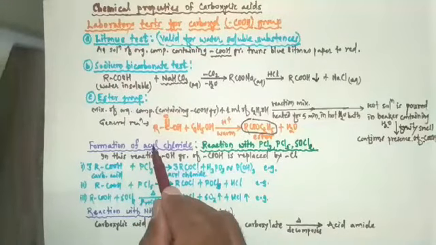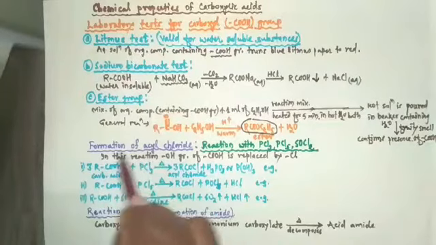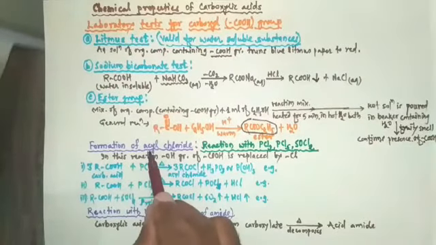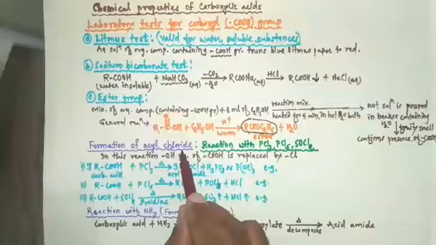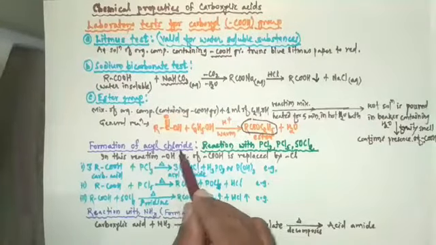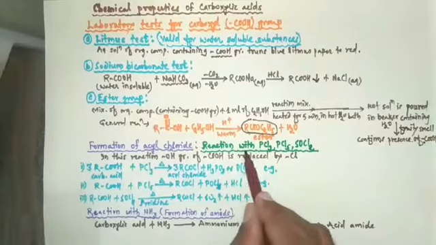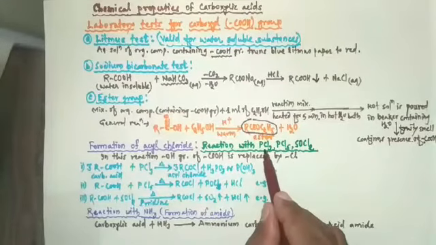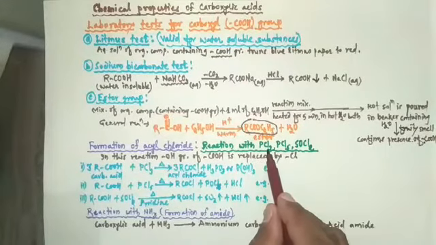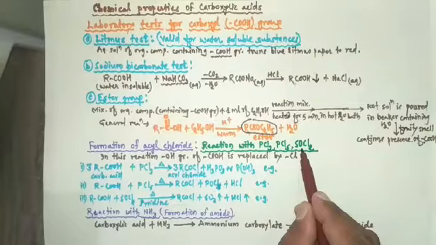Then the next chemical property of carboxylic acids is the formation of acyl chloride. Under this heading, we are going to study the reaction with PCl3, that is phosphorus trichloride, PCl5, that is phosphorus pentachloride, and SOCl2, that is thionyl chloride.